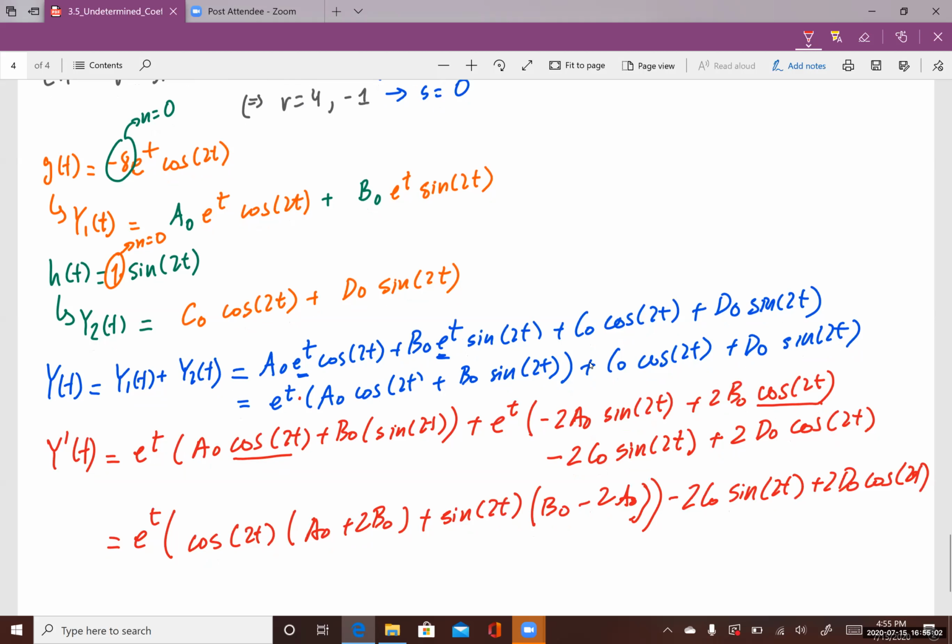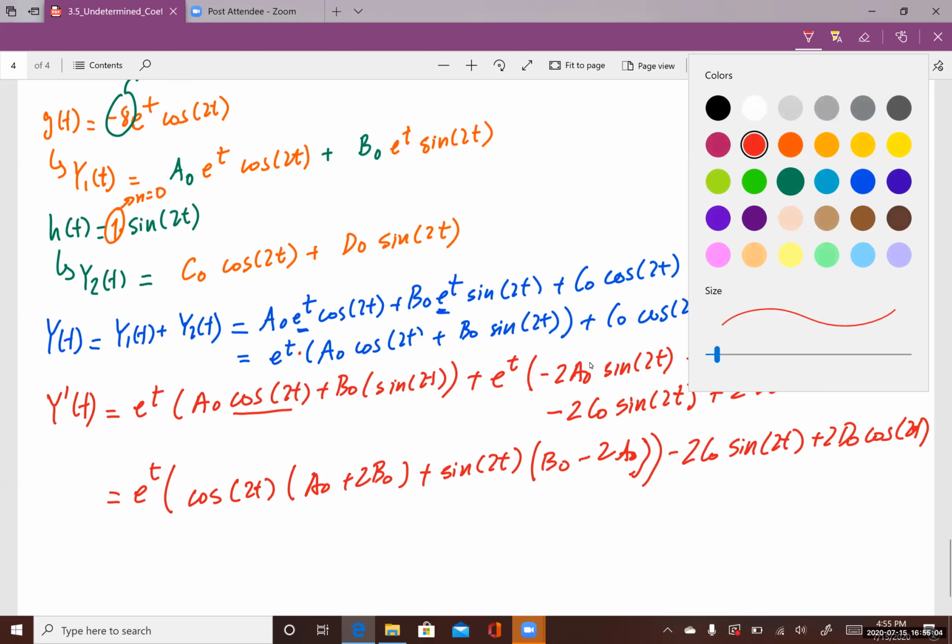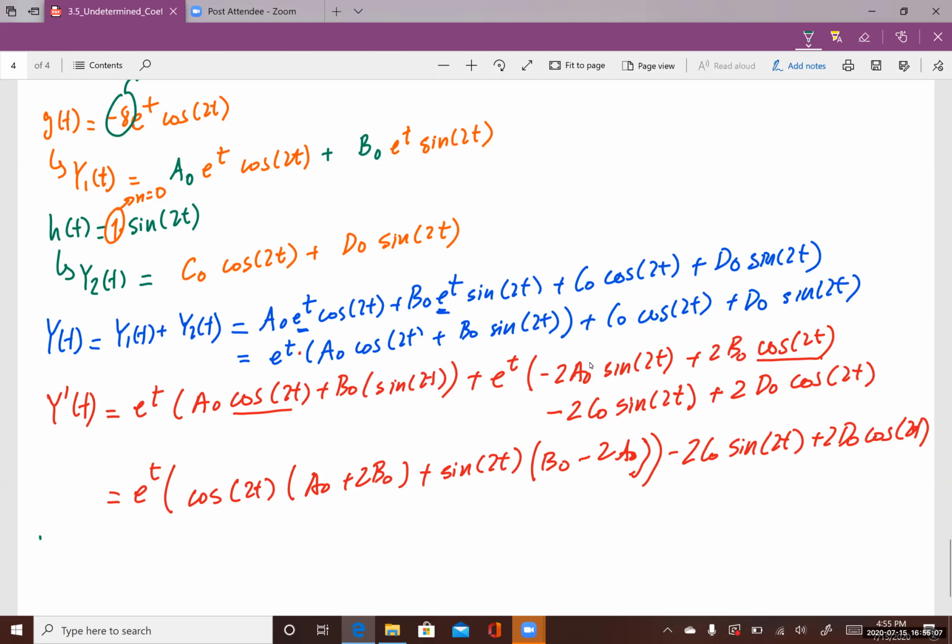Okay. So again, the next step is I want to find y double prime of t. I'm going to use the product rule again, so it's just e^t. Repeating this, I want to have a bracket so it will be more clear. Say cosine 2t (a0 plus 2b0) plus sine 2t (b0 minus 2a0).